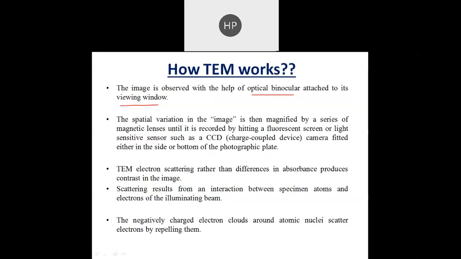Okay, so we have to do the mechanical adjustment such that a clear image is recorded on a fluorescent screen as well as on a CCD camera. And for that, we have to move the specimen.